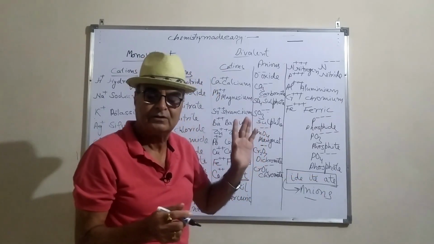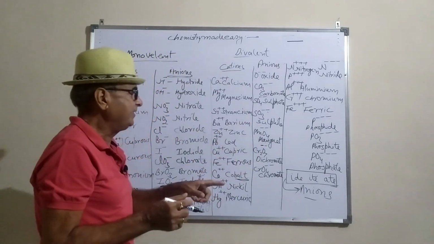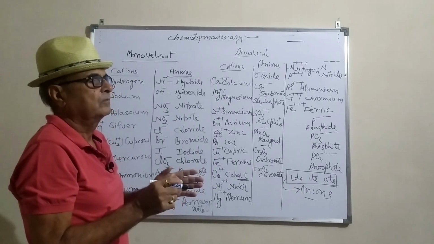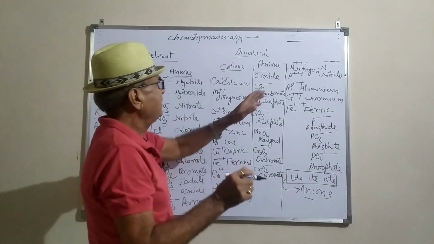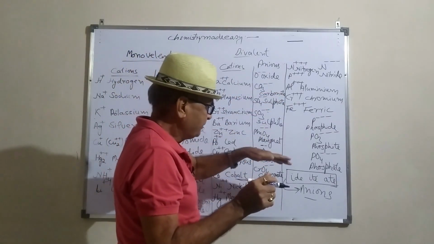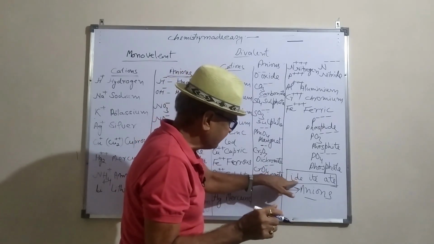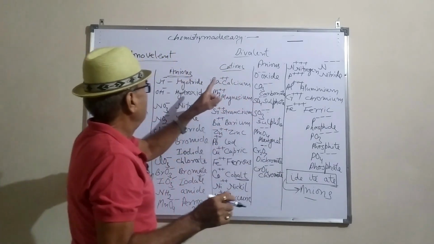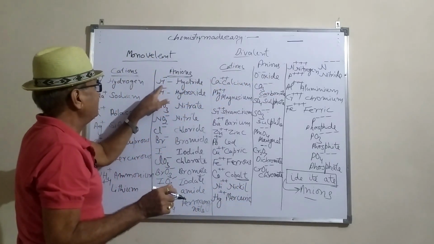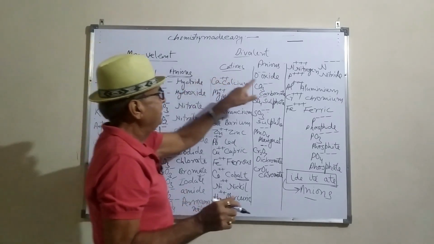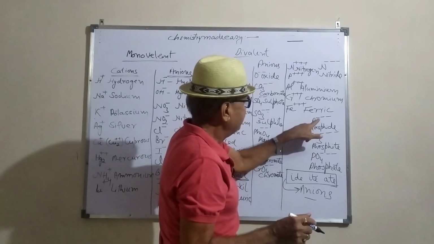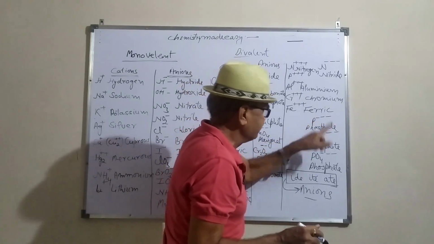Secondly, when a single atom forms an anion, the name of the anion will end with ide: O oxide, H negative hydride, N triple negative nitride, and P triple negative phosphide.